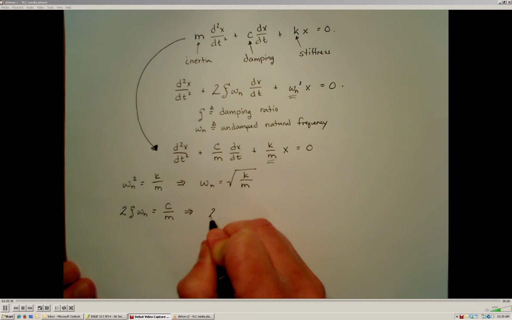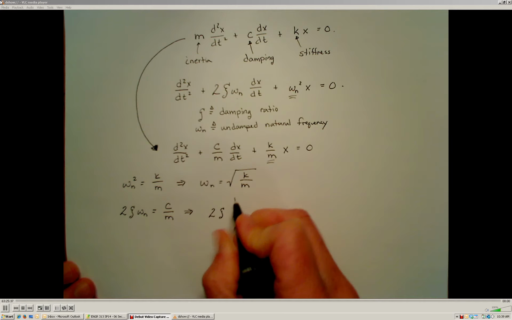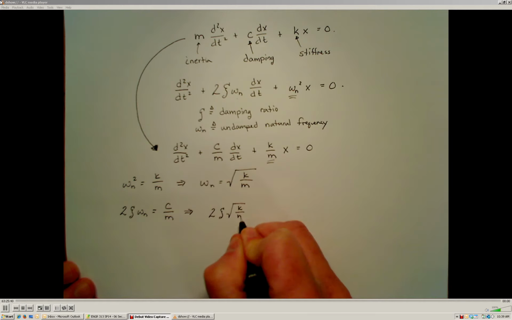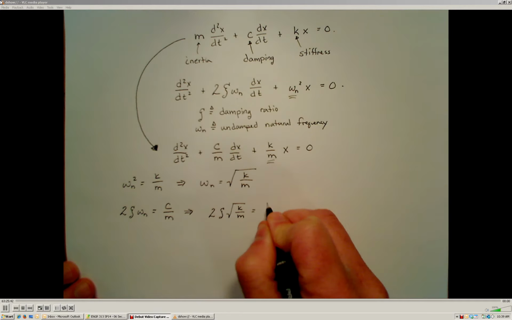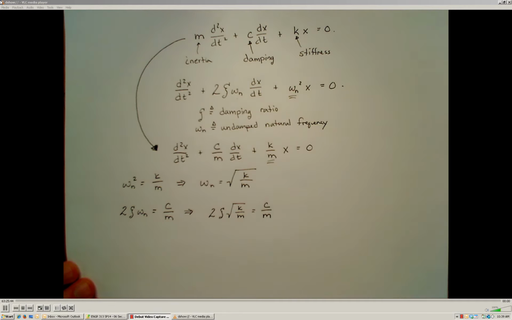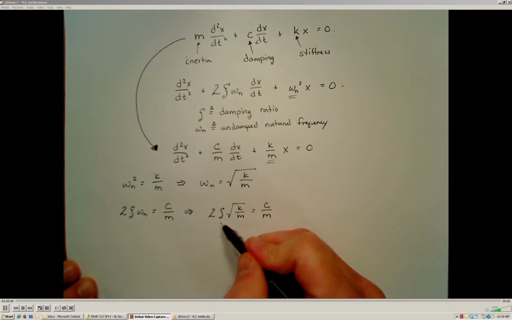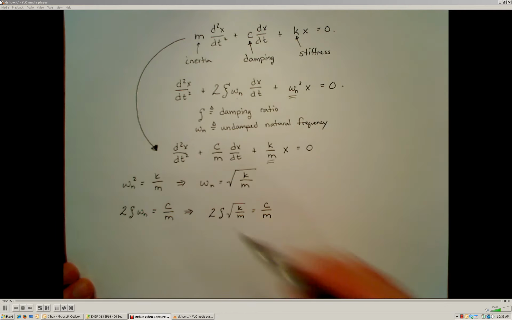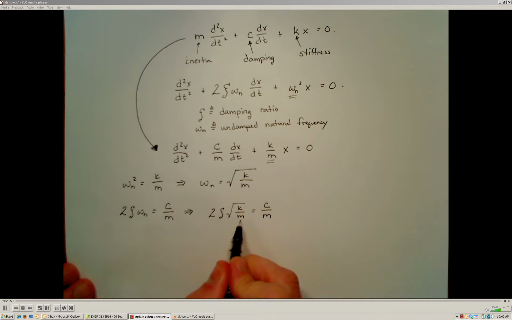So I have 2 times the damping ratio times the square root of k over m must be equal to c over m. Now doing a little bit more algebra to solve for squiggle, or our damping ratio, I'm going to multiply both sides by 1/2 and also by the square root of m over k.